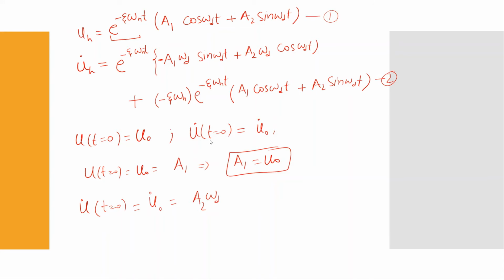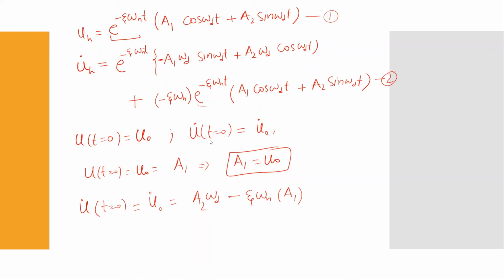Now here if we put t equals 0, this value would be replaced with 1, and minus xi omega n, and then a1 cos 0 means a1 would be there and a2 sine term would be 0. So we now have u0 dot as a2 omega d minus xi omega n a1.